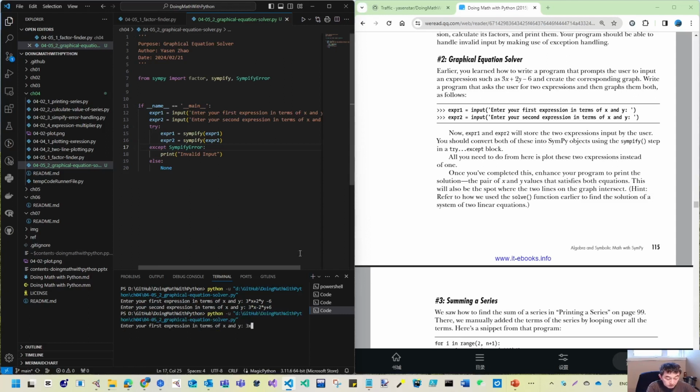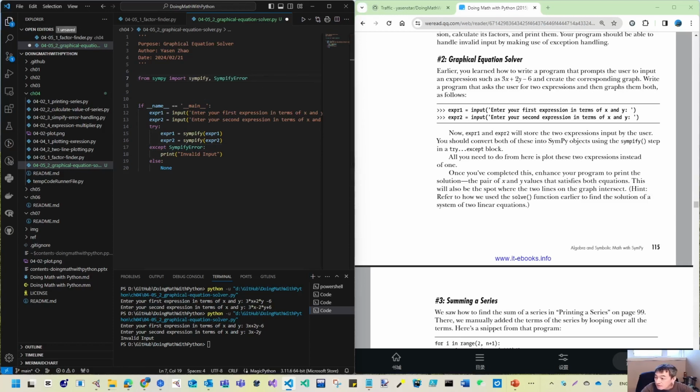Let's give an evaluate: 3x minus 2y. Okay, invalid. So currently this check is okay. We don't need this factor.